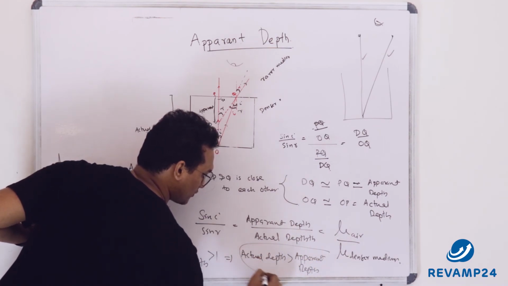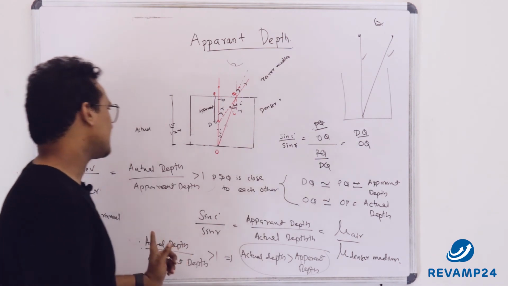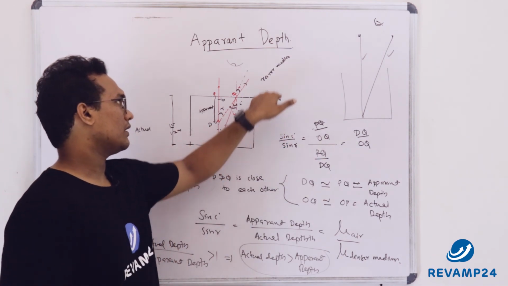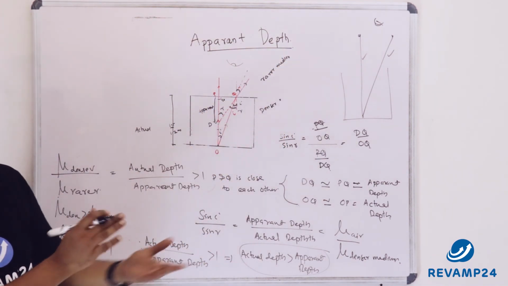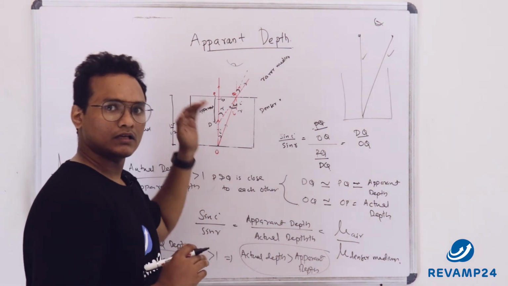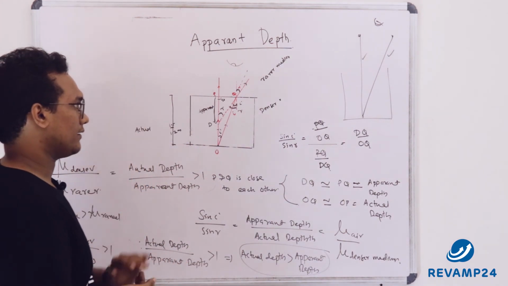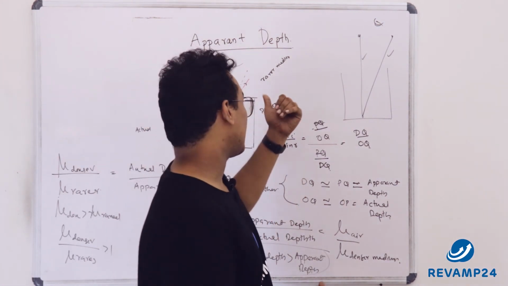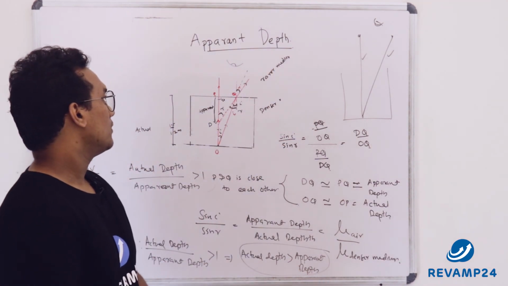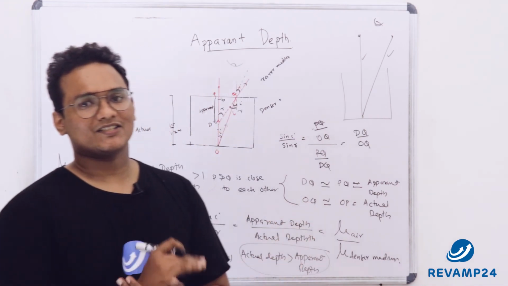So apparent depth would always be lesser than actual depth. This is the scenario if the light ray is moving from denser to rarer, and that is the actual scenario of what is naturally occurring from water to air. Even this would happen with other medium also, like kerosene to air, kerosene to free space. Okay, that's all. Thank you.